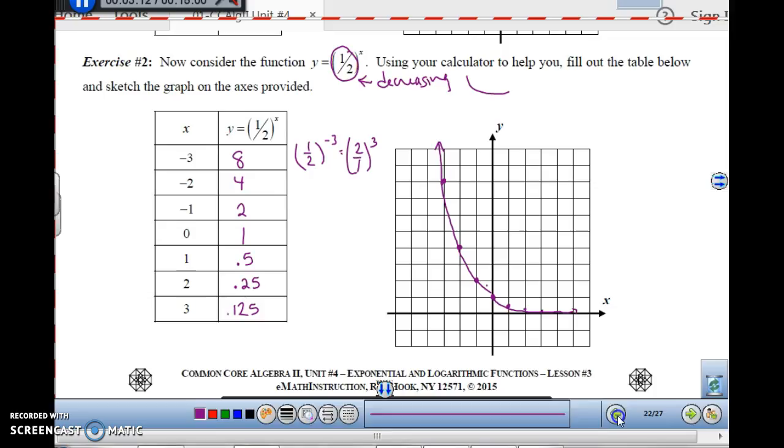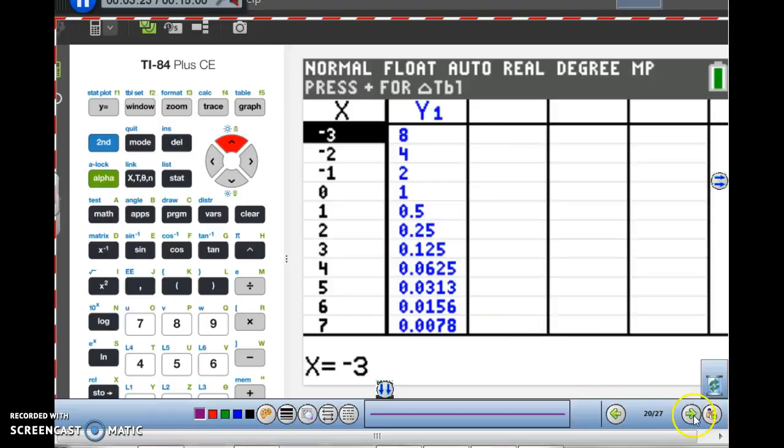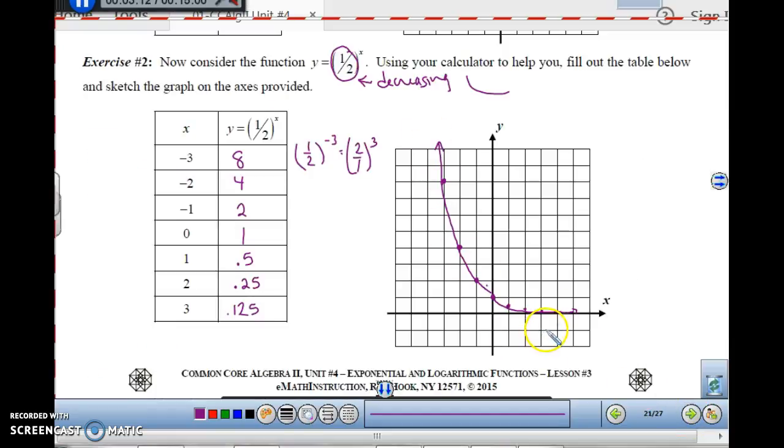Now what did you notice about these y values? Here's y equals 2 to the x, and here is y equals 1/2 to the x. What do you notice about the y values? What do they never fall below? The y values always have to be above the x-axis, which means the y values would have to be greater than 0. Now, can they actually equal 0?